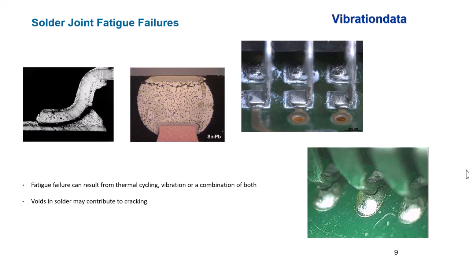The solder joints, during the solder processing, there may be some voids or foreign objects, debris, or inclusions, or something that then becomes a stress concentration factor, and that can be a likely location for a crack to initiate and then propagate. And then when the solder joint fails, that creates an open circuit, which is a hard failure.